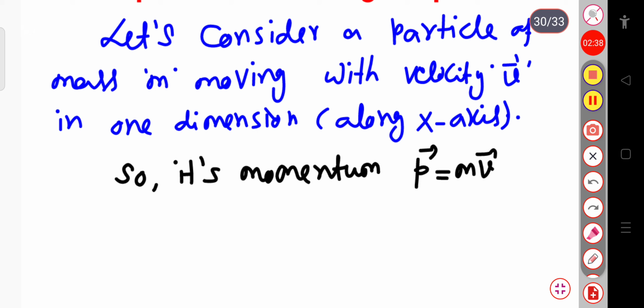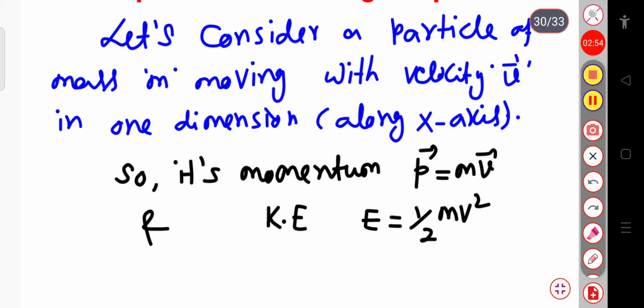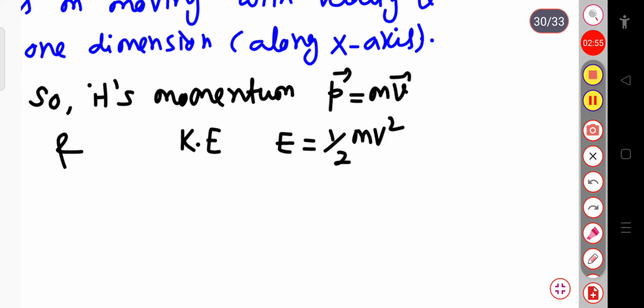The linear momentum is nothing but the product of mass and velocity. And the kinetic energy of the particle will be E equal to half m v square, that is 1 by 2 m v square.